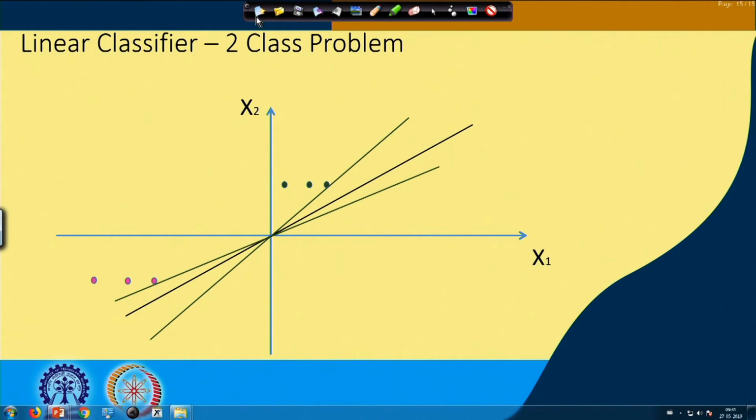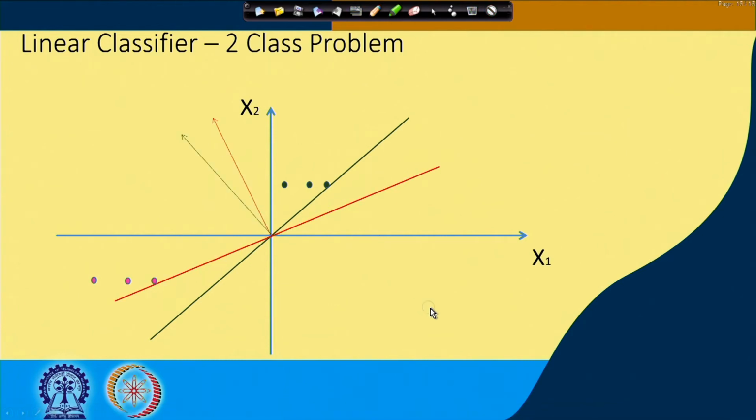And as I have limits on the separating plane, in the same manner I can have limits on the corresponding solution vectors. As this position is the limit of the separating plane, the corresponding limit on the solution vector is this, which is orthogonal to the separating plane.